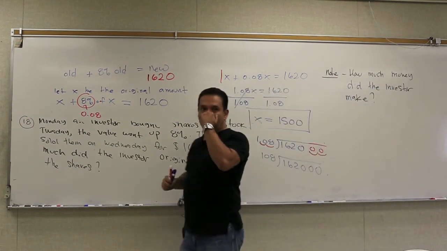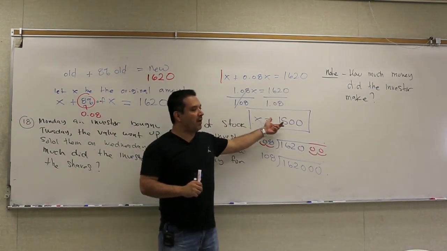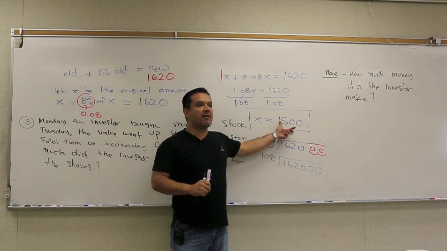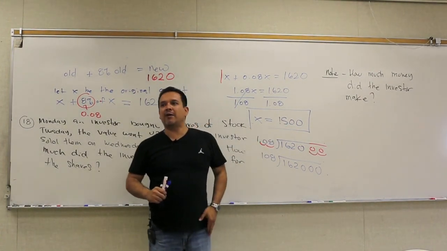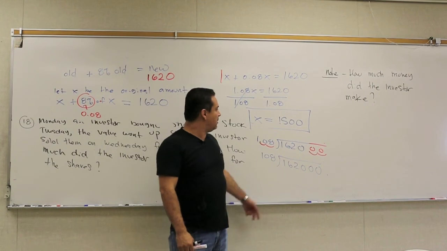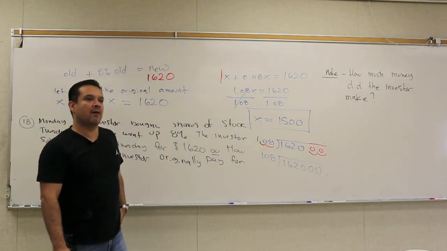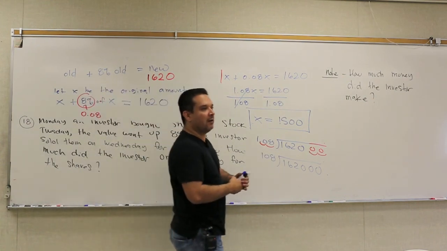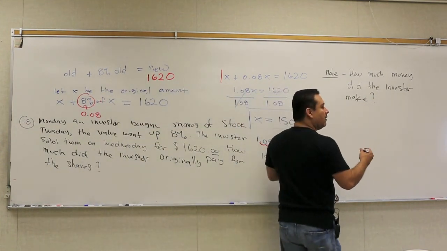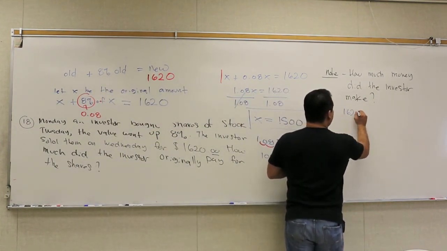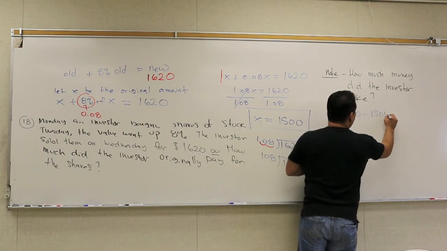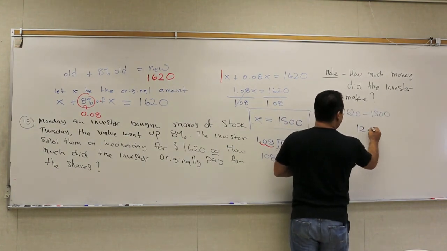If the original purchase of those stocks cost him $1,500, and two days later he sold for $1,620, what do you guys think the profit was? Isn't that 1,620 minus 1,500, and what does that give you? 120.